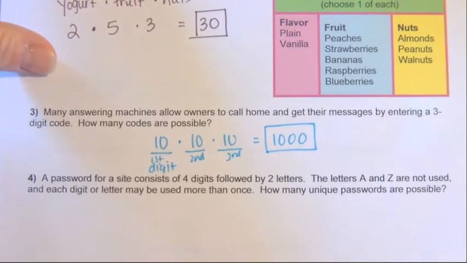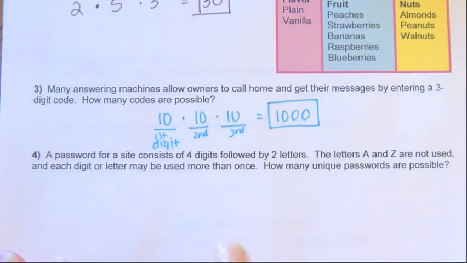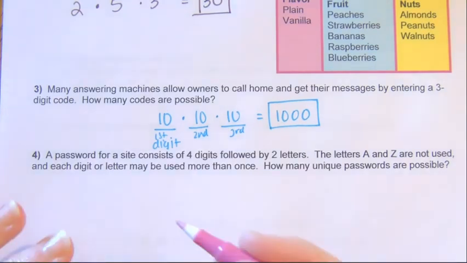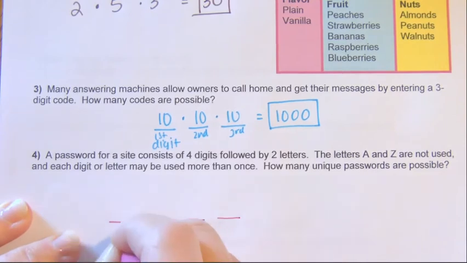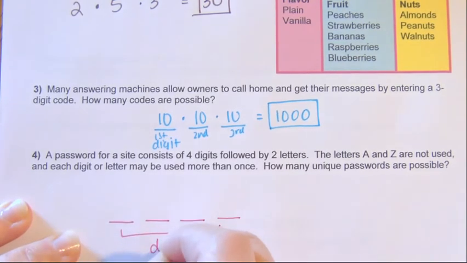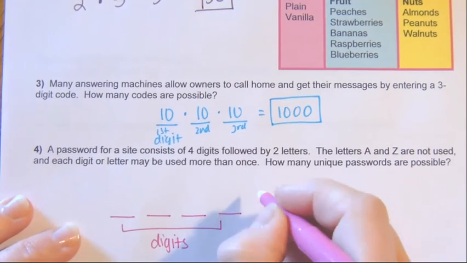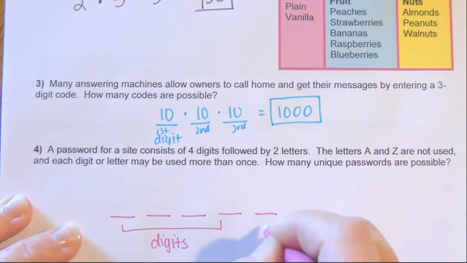All right, let's take a look at the next one. This one's a password. This time I want 4 digits followed by 2 letters. So I'm going to make 4 spaces for the digits, so these are the digits here. And then I'm going to have 2 letters here.